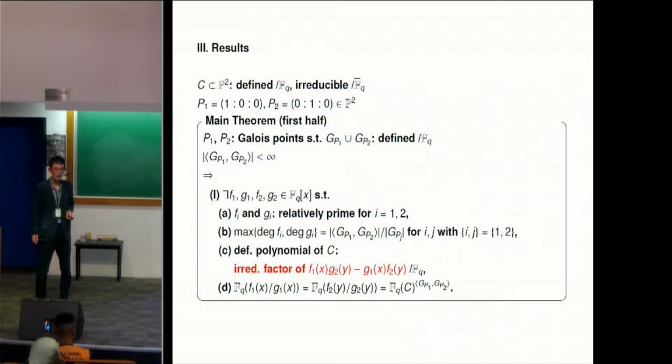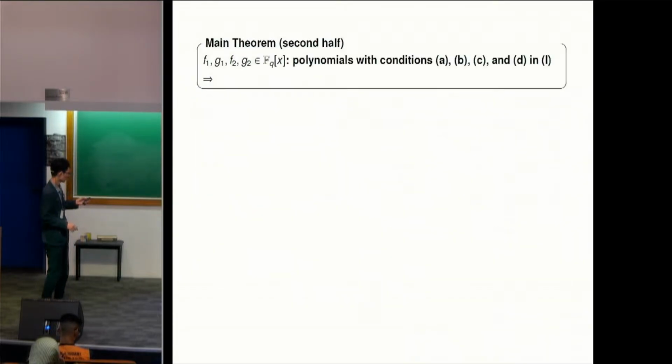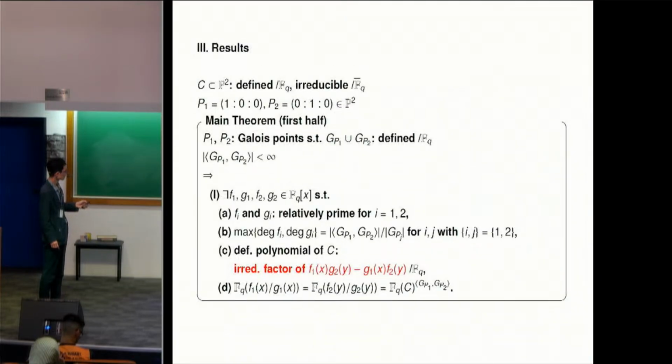This polynomial comes from the equation of rational functions. Condition D: the fixed field by the group generated by these rational functions.